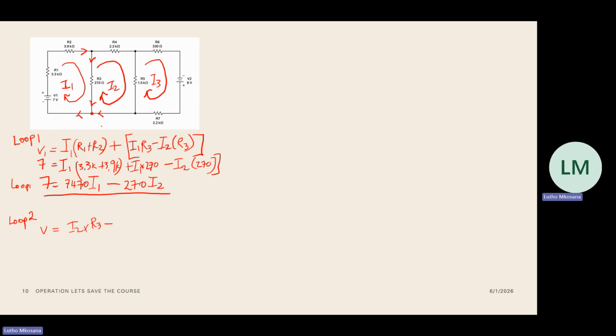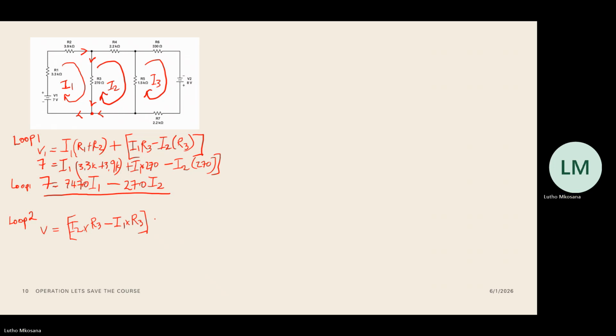Now we're going to subtract I1 multiplied by R3 because now we are interested in loop 2. So I1 multiplied by R3. All of this should give us the voltage across R3, VR3.